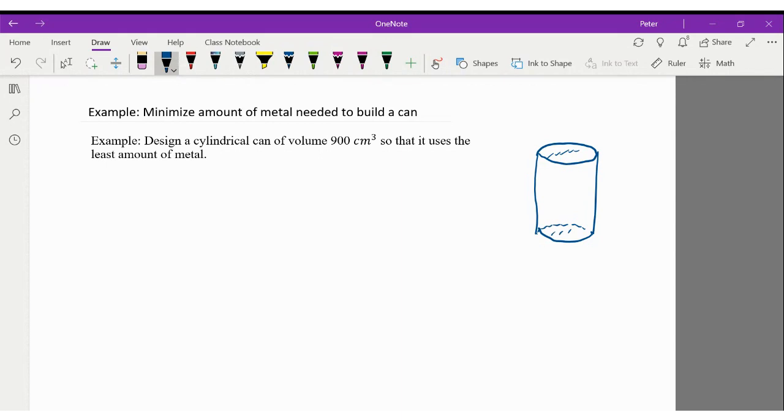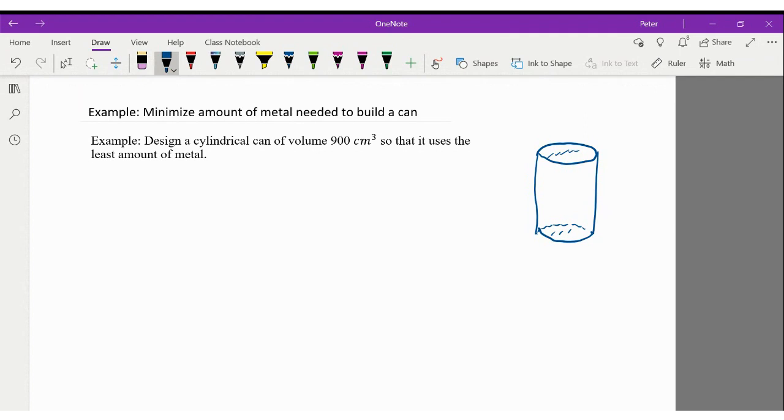That's worth saying because technically the shape we call a cylinder only includes the sides, not the top and bottom. So a can is a slightly different shape than a cylinder when you're considering its surface, because it also includes its top and bottom. So the question is, what are the dimensions of the can that uses the least amount of metal and still holds 900 cubic centimeters of tuna.